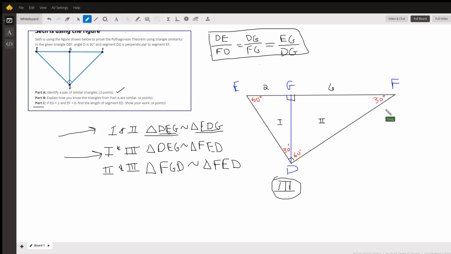So for the big triangle, we've got to go from 30 to 60, that's over here in the big triangle, to 90, this big D right here. Okay, so FED. And then you can set up DE is to FE, as DG is to FD, as EG is to ED.